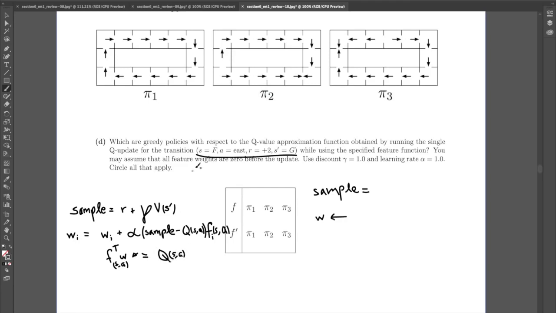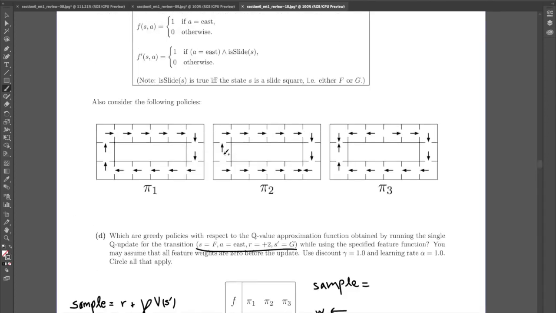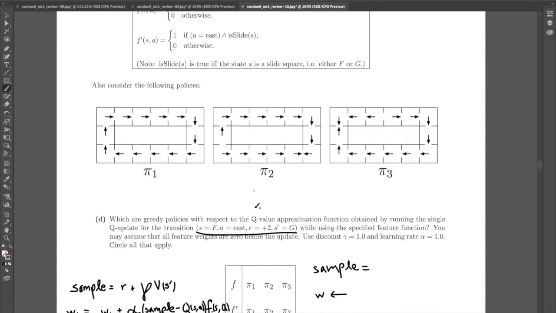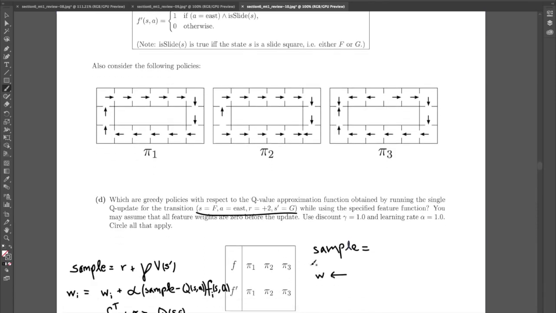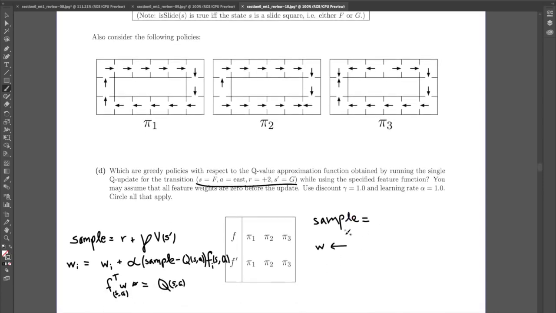Okay, so now let's use this transition. Let's compute what the weight will be after this transition. Note that in this case, because we're considering each function separately, there's only one weight in each case because there's only one function value. So we're only going to be calculating a single W, not like W1 and W2. So let's fill in these blanks and find what the update is. The reward is equal to 2 plus, what is gamma in this case?